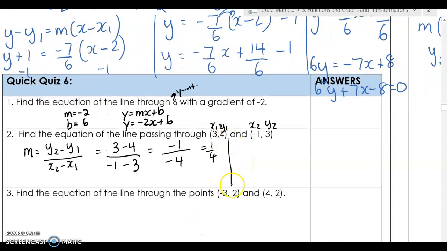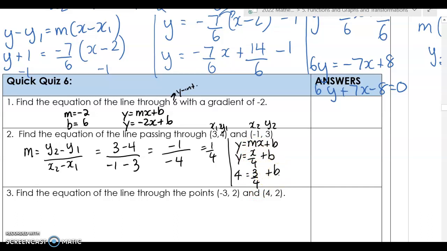Okay, that's step 1. We now need to pop into a formula. I'm going to use our mx plus b formula because that one's looking really nice. And I'm going to pop in our first point there in a second. So I've got y is equal to 1/4 x, or x over 4, plus b. Let's find our b by popping in our 3 and 4. Y is 4. X is 3, so we've got 3 on the top, 4 on the bottom, plus b.